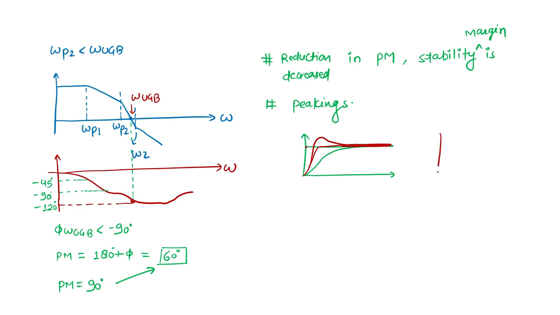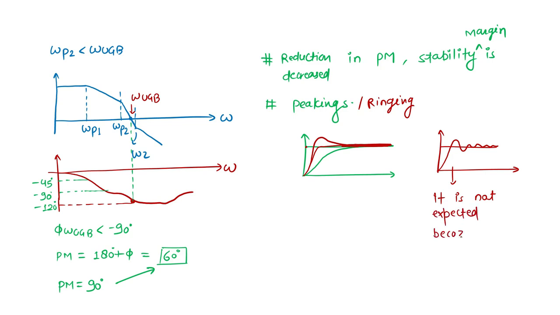There should not be any ringing or peaking. If there is a step response, then there is some possibility of this settling behavior. I don't want this. It is not expected because it is a sort of error.